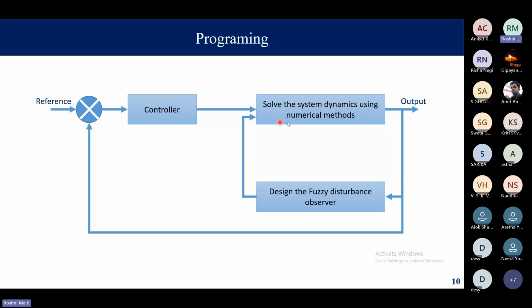So after obtaining that model, we have to solve that system model, because we know all these system models are differential equations. So we have to solve those differential equations by using any kind of numerical methods. It may be Euler methods or RK methods, different types of numerical methods we can use to solve those system models to obtain the output value.